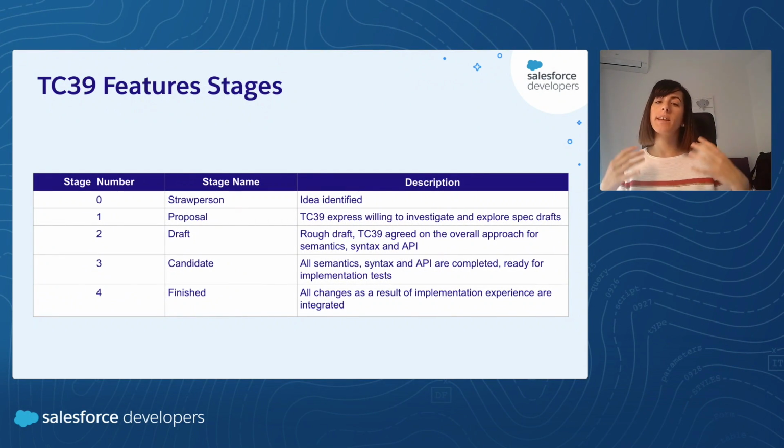All the semantics, syntax, and API are defined, are complete, and we say that the feature is ready to be tested. And then there is a period of time in which at least 2 JavaScript engines implement this feature and runs tests against them, right?